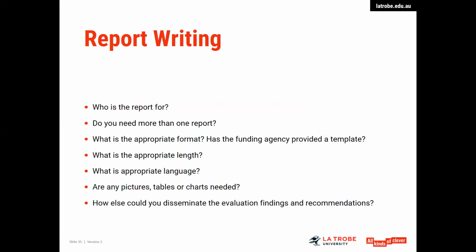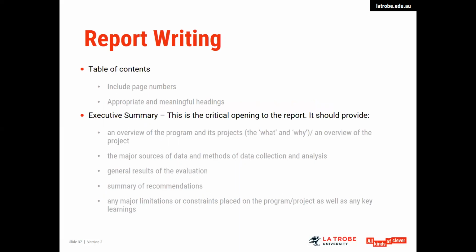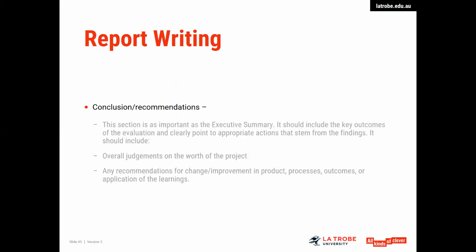There are some tips here around report writing and how to structure a report. It's incredible the number of students who don't know how to write or structure reports, so I would go back to these notes. It gives you some tips around what needs to go into each section of evaluation reports, or any report really.